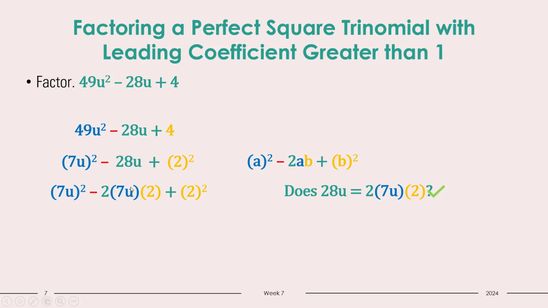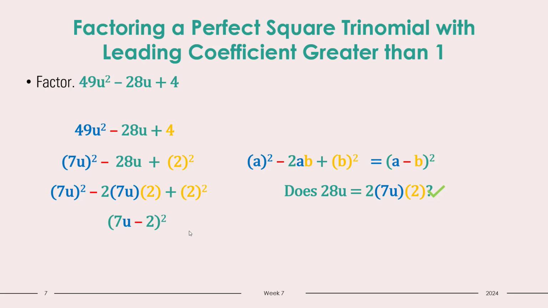Fits the pattern 2 times A times B in the middle. And so we're going to factor this as A minus B. Our A is 7u, our B is 2. So this is going to be 7u minus 2 squared. So it works, even if our coefficient is greater than 1.